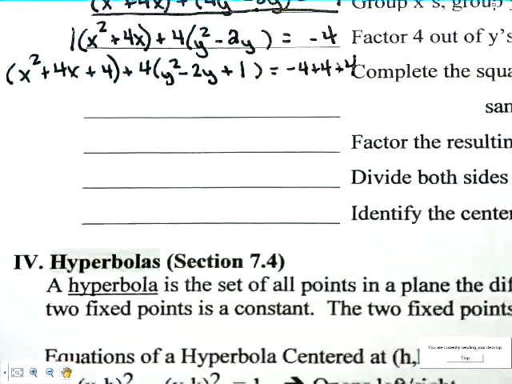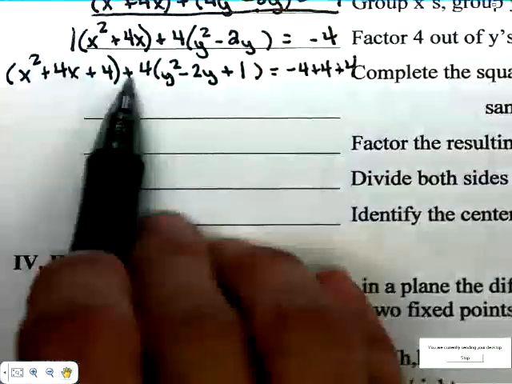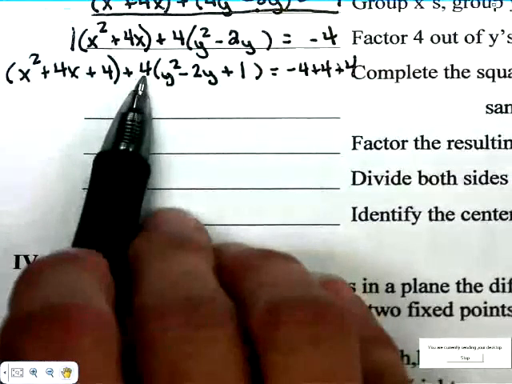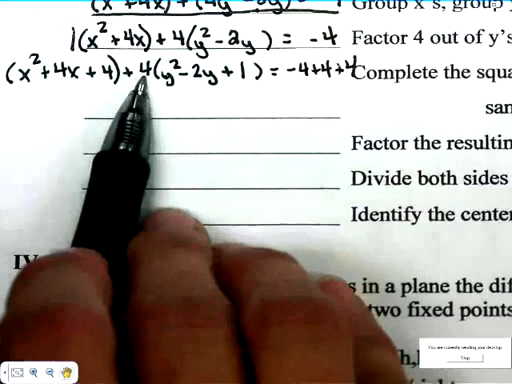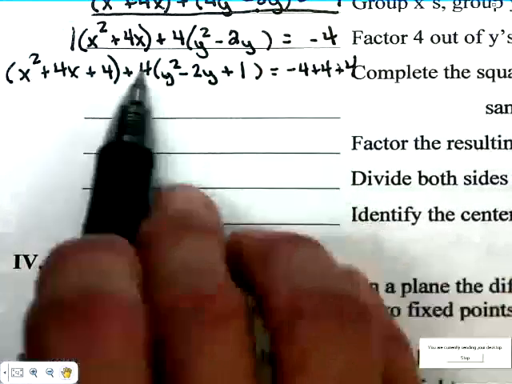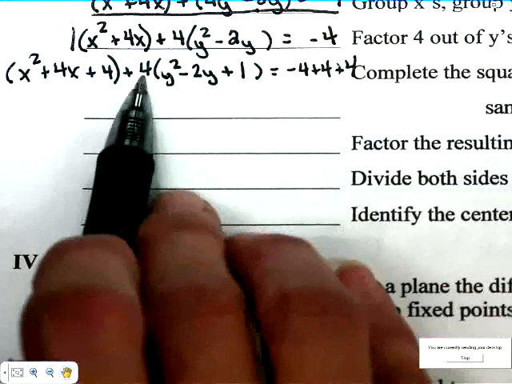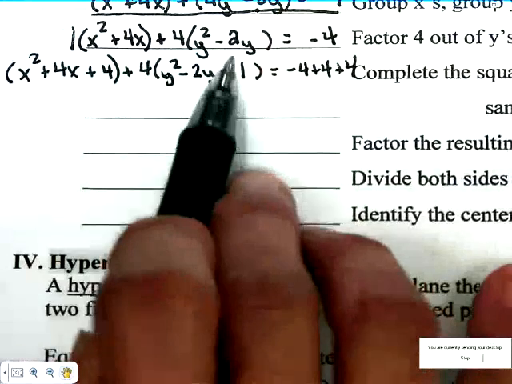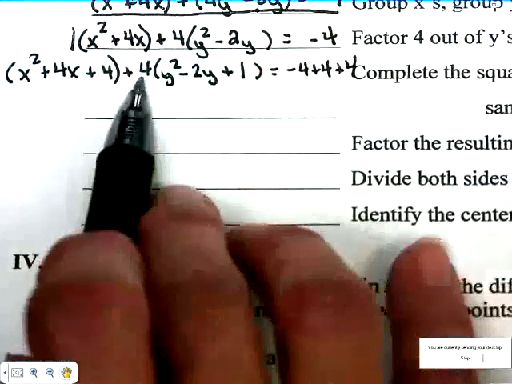If you have any coefficient other than 1 in front of that parentheses, you have to take that into consideration when you're balancing it by adding something to the other side. If there's something other than a 1 there, then you really didn't just add what's inside parentheses. You added that times that coefficient.